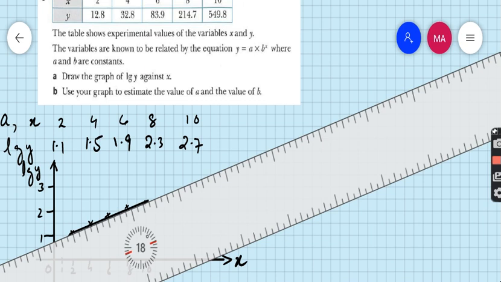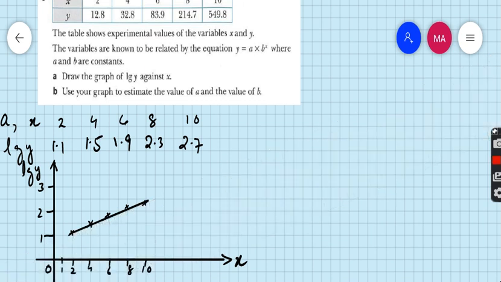It is not necessary that all the points lie on a line. If 1 or 2 points miss the straight line, this will not be counted wrong. Okay, so this is the answer of part A.